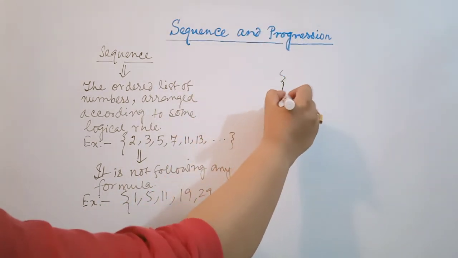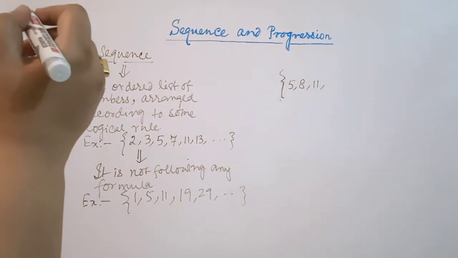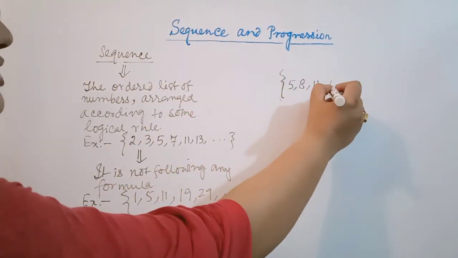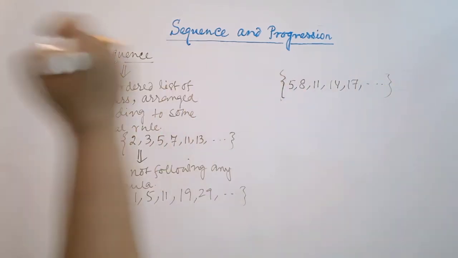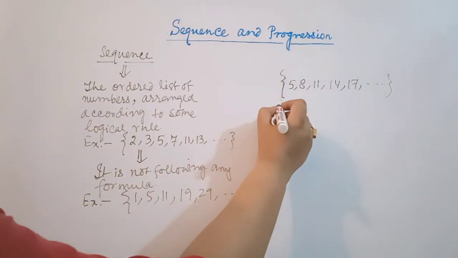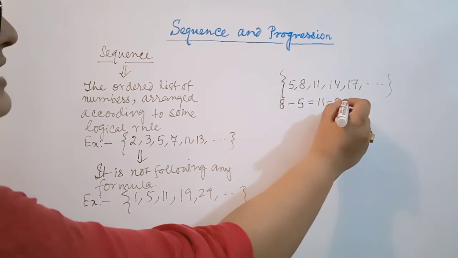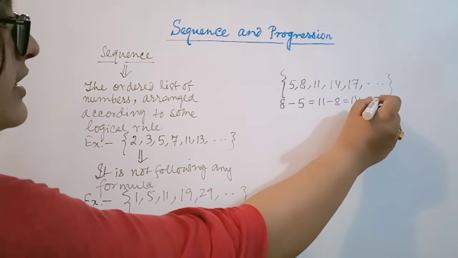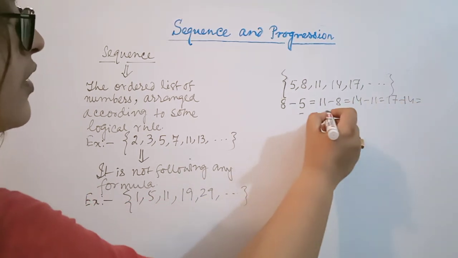5, 8, 11, 14, 17 and so on. Now, if you observe all the terms of this sequence, you will find that 8 minus 5 is equal to 11 minus 8 is equal to 14 minus 11 equals 17 minus 14 and so on.